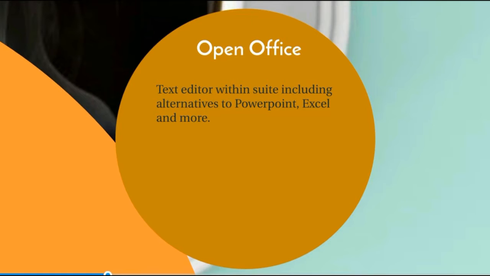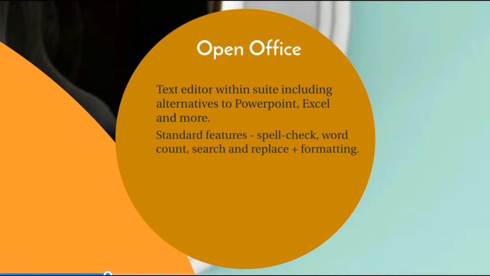OpenOffice is a suite of tools which include a word processor and other applications such as a spreadsheet similar to Excel. Standard features include a spell check, word count, search and replace, as well as extensive formatting capabilities. A very useful feature is the PDF export button on the upper toolbar.